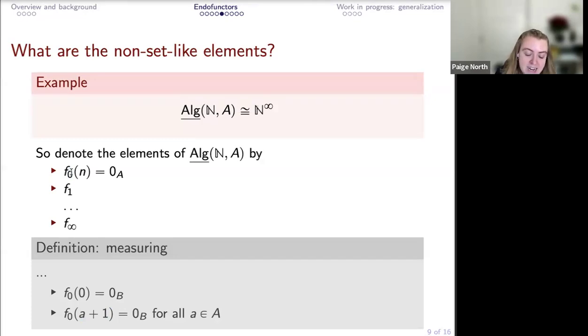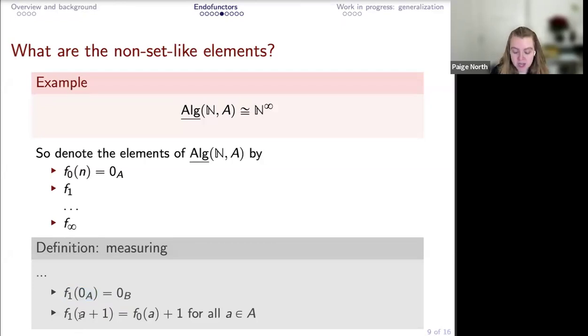Okay. And now we want to know what f sub 1 does as we're thinking of them as functions from n to a. So we recall the definition of measuring. The first requirement of those 3 requirements in the definition of measuring says that we should always send 0 to 0. So that's what f sub 1 does.